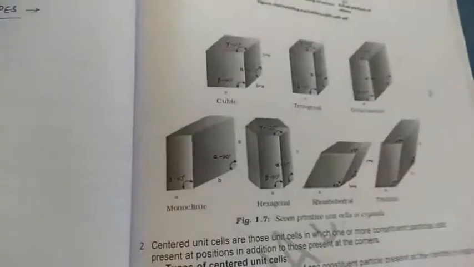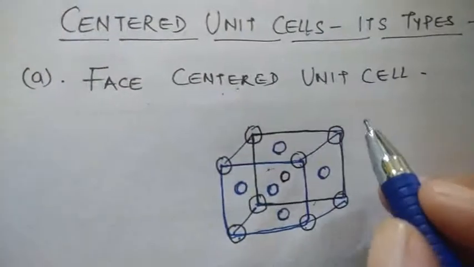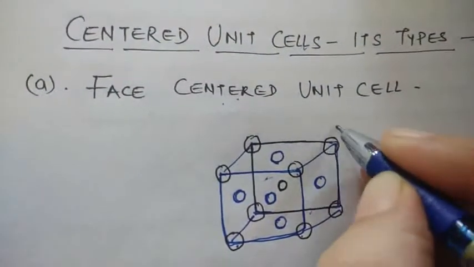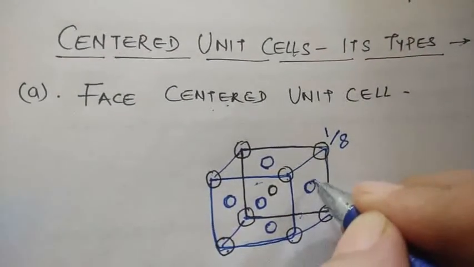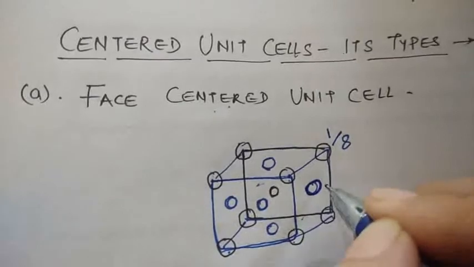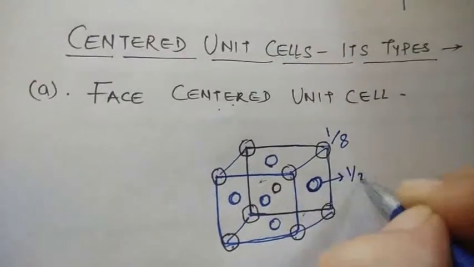Understand? So if we calculate the number of atoms in face centered, then the contribution of atoms at the corners is 1/8 and the contribution of those on the faces is half.